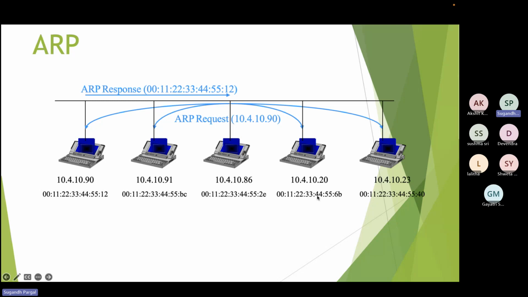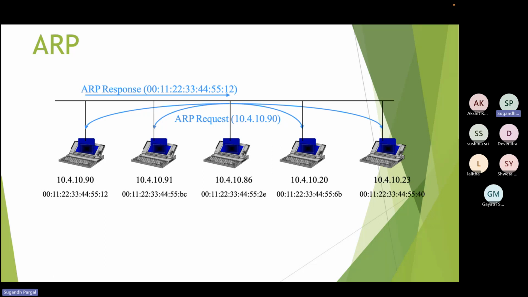This is how it is done: we have multiple machines with different IPs and different MAC addresses. An ARP request is broadcast to all the machines asking for the MAC address of this IP. We find that this IP is there in the broadcast request, and then we have the corresponding MAC address for that particular IP.